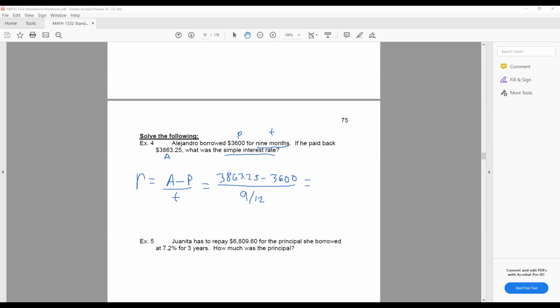Let's double check my formula. I'm not getting the right answer.